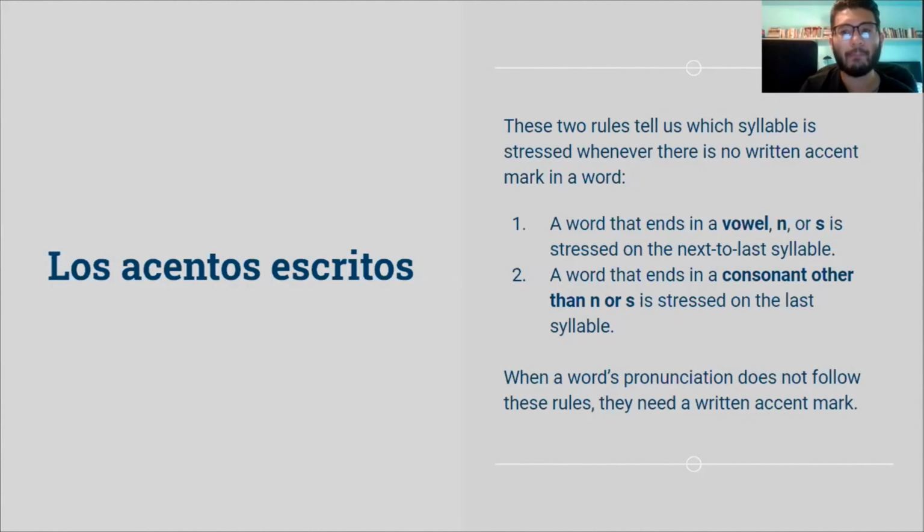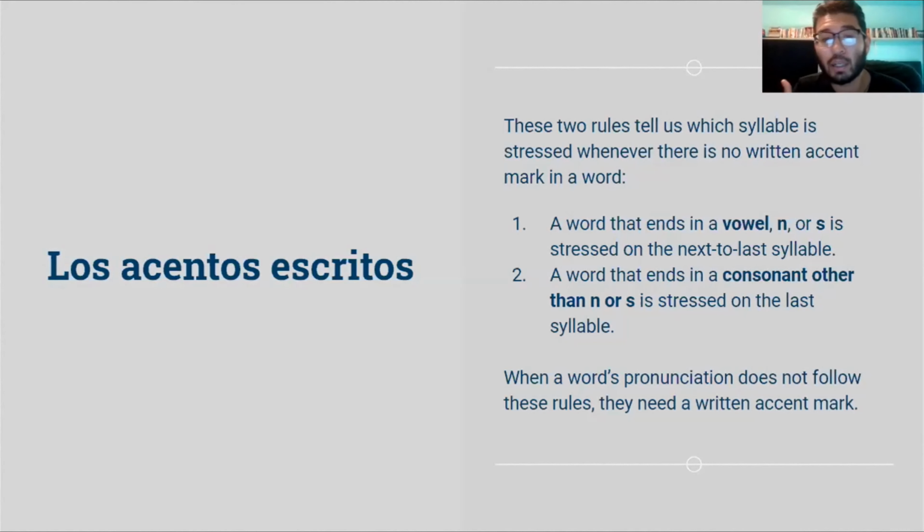There is a slight but significant difference in where we put the emphasis in Spanish words, because a lot of times we have the same spelling, the same everything, but the only thing that changes is where we put our emphasis. So that is significant. Sometimes there's a difference between one word and another. So it's important that we are aware of these rules and that we emphasize the correct syllable in a word.